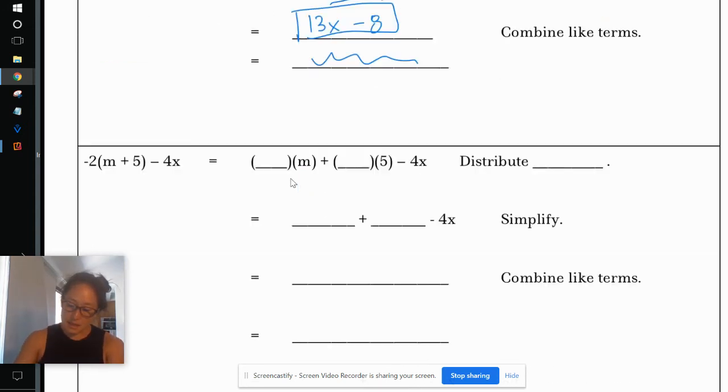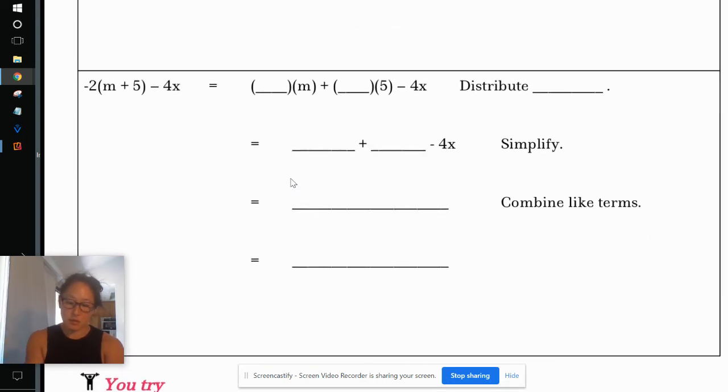Okay, next. So distribute first, and then we will see. Okay, so cannot combine m plus 5, so distribute. Negative 2 times m, and so I'm going to go ahead and write negative 2 times m plus negative 2 times 5, and then don't forget to bring down the negative 4x.